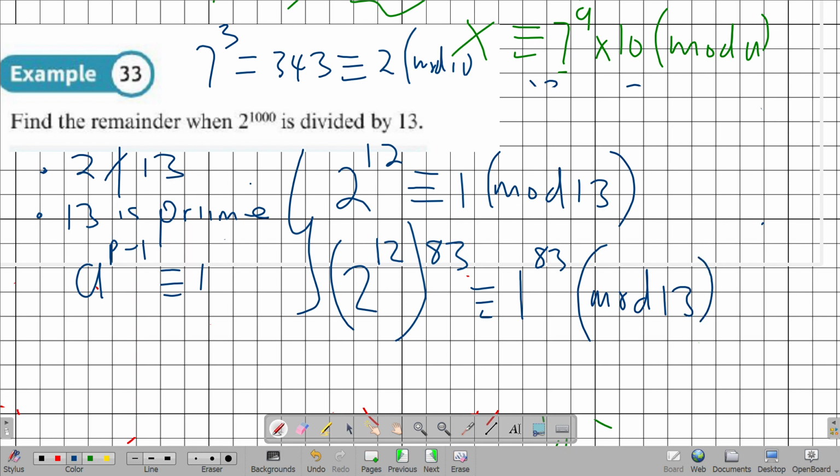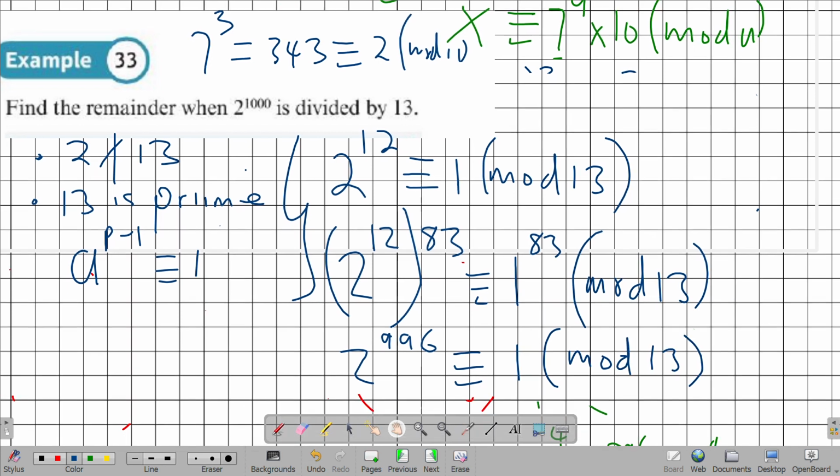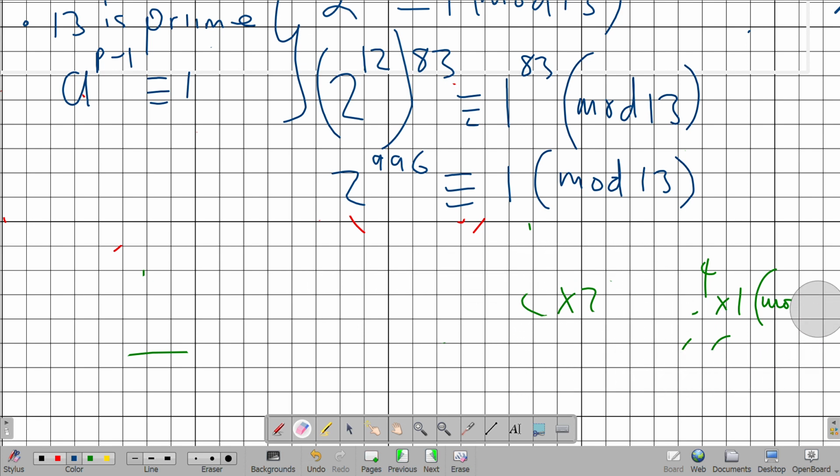And this is equivalent to saying 2 to the power of 996 is congruent to 1 under mod 13. So we have reduced it by simply applying the theorem, instead of going through that long method.